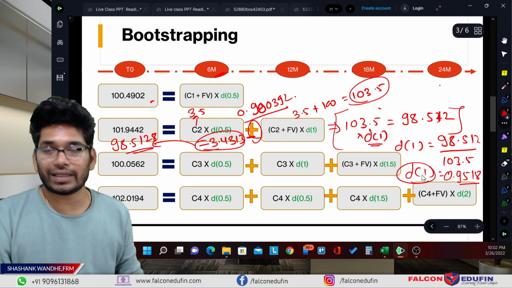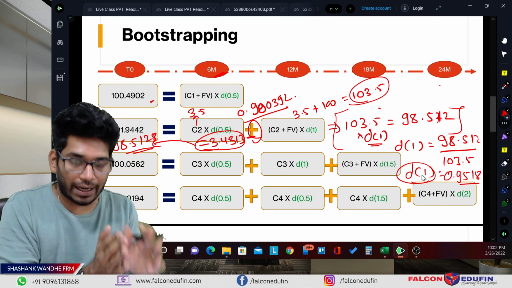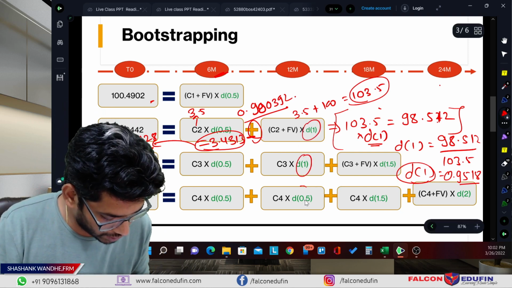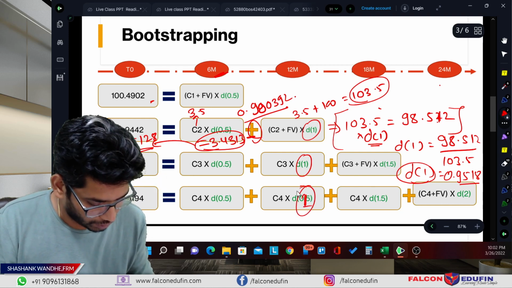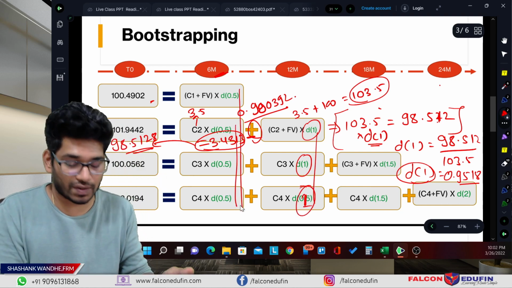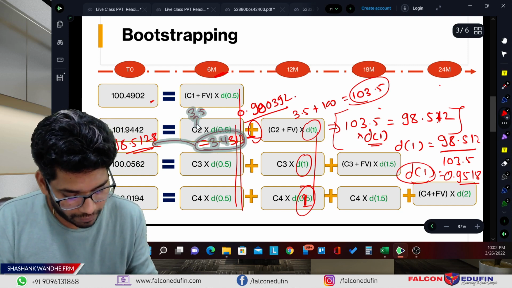Okay, so you got the discount rate or discount factor of this. So obviously automatically you will get, there is correction, this. Okay, so all 3 discount factors, and here you already have these discount factors, right?